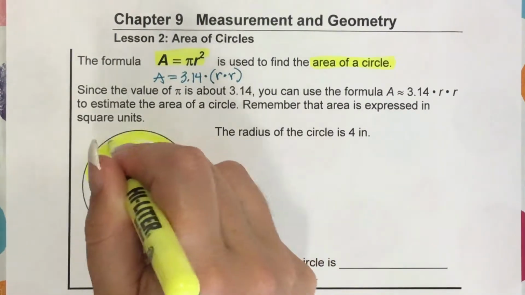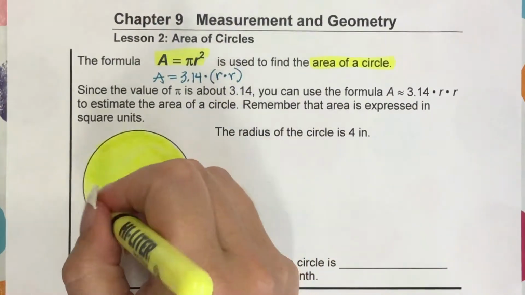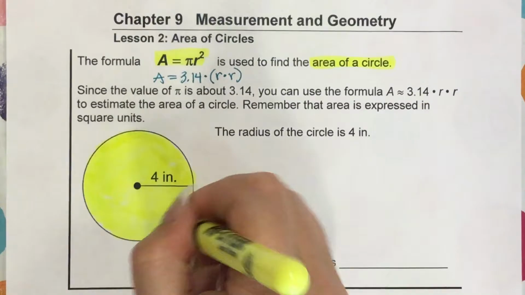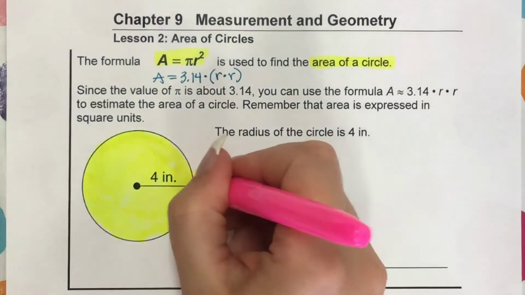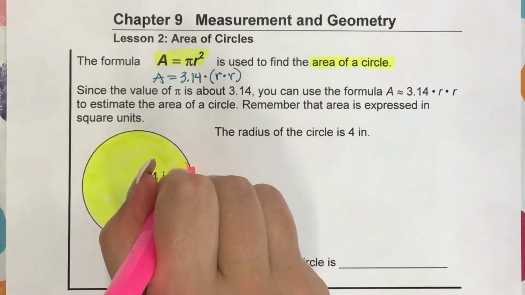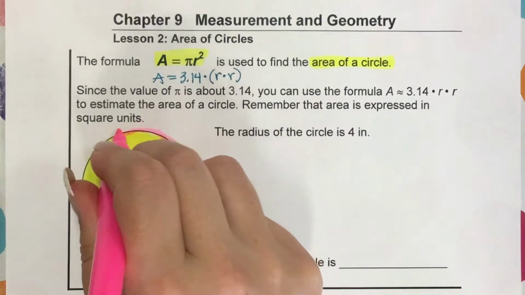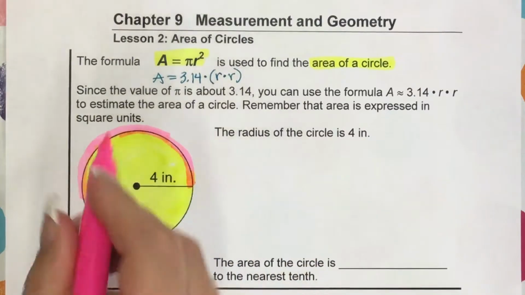Last section we talked about the perimeter of a circle, but we called that a special name, the circumference. The circumference was only dealing with the rim around the circle. That was if you were to go from here and go all the way around like this. So that's what we determined last lesson.